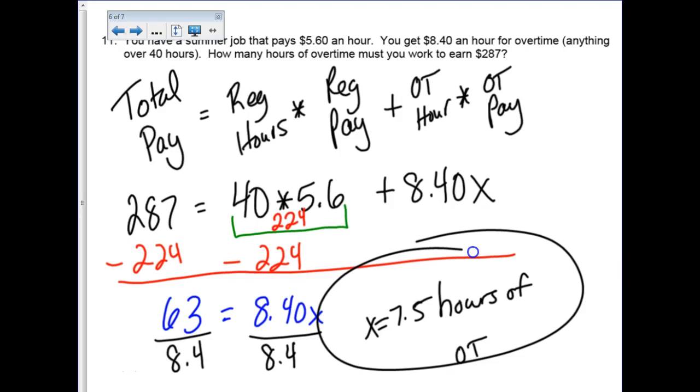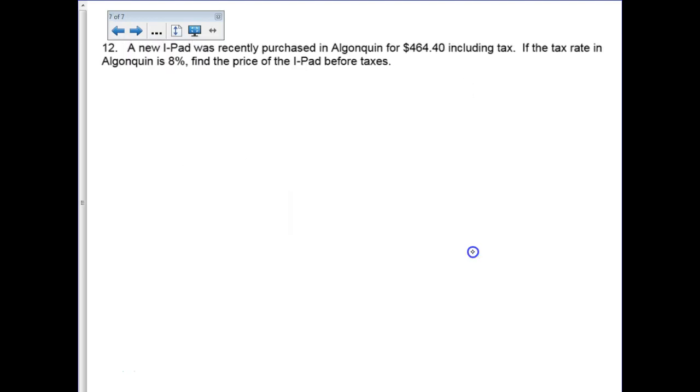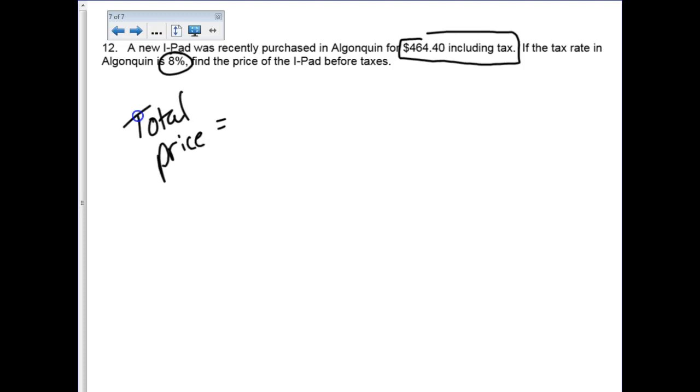Whoever you are. Alright. A new iPad was purchased in Algonquin for $464, but that includes tax. The tax rate is 8%. Find the price of the iPad before taxes. So, your total price is calculated by, usually we say it's like a subtotal, but I don't know what you want to call this, original price maybe?